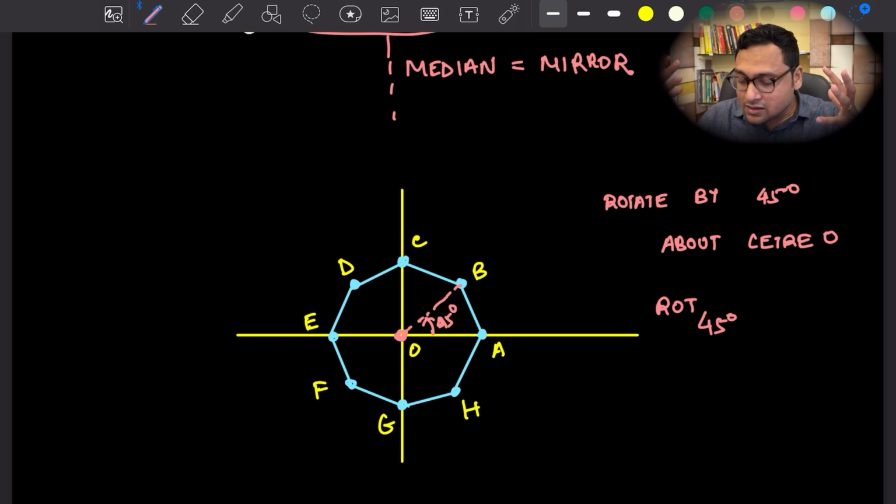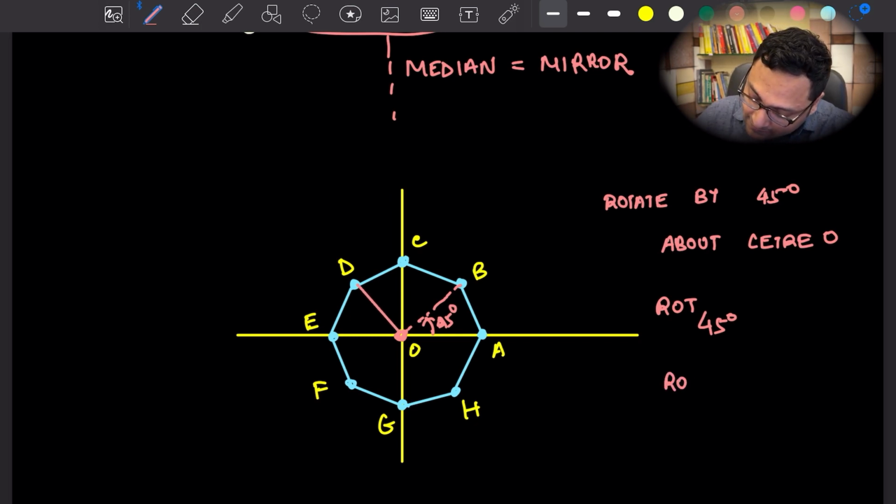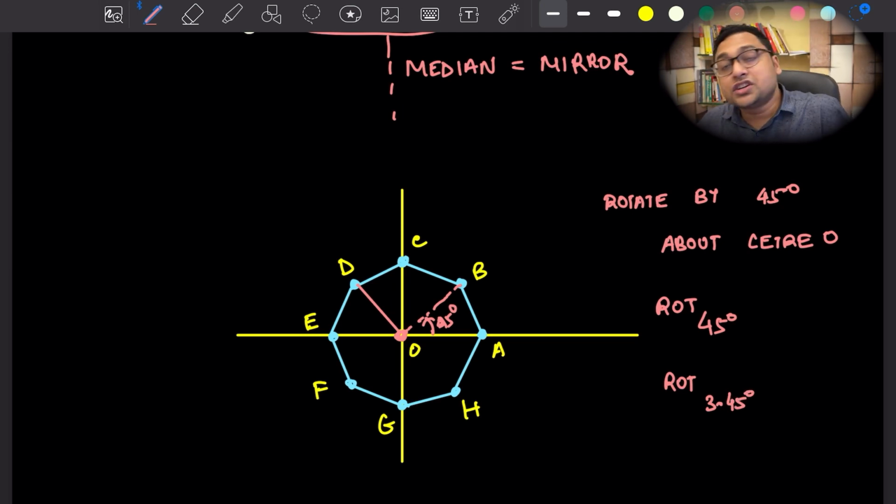Okay, so there are other symmetries of the octagon which are quite useful. Let's talk about another symmetry. This one is rotation by 135 degrees. That is 3 times 45.